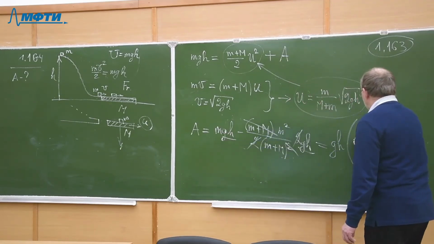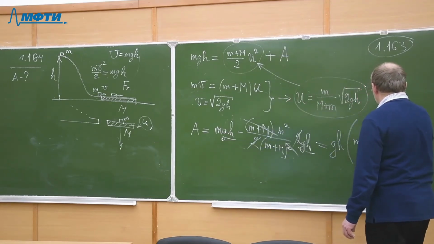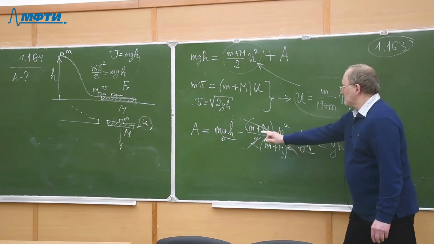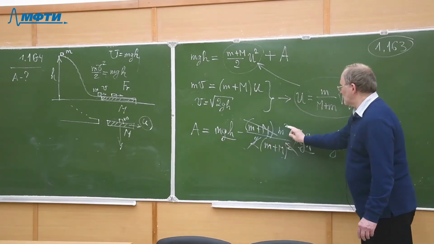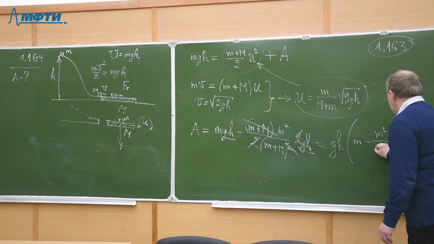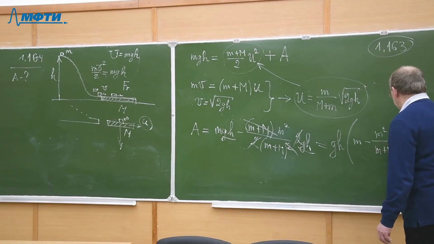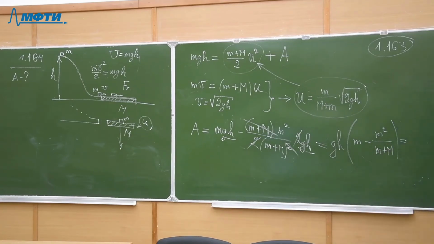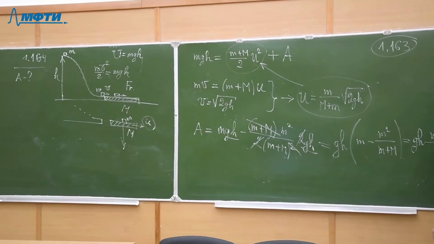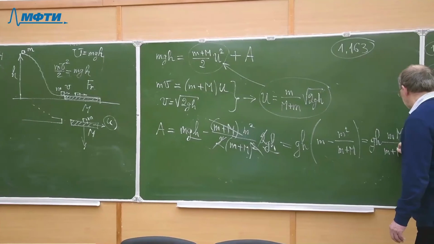Small m minus small m squared divided by small m plus capital M. And after simple calculations we will obtain gh. Small m squared will cancel with this squared, and then we will have small m, capital M, over small m plus capital M.